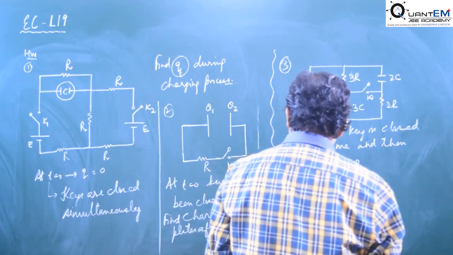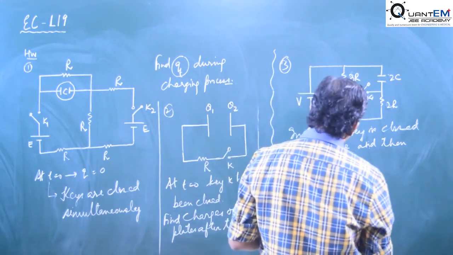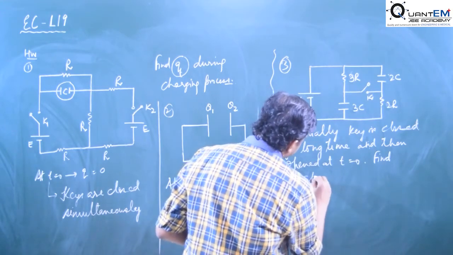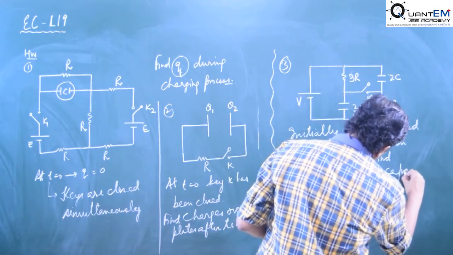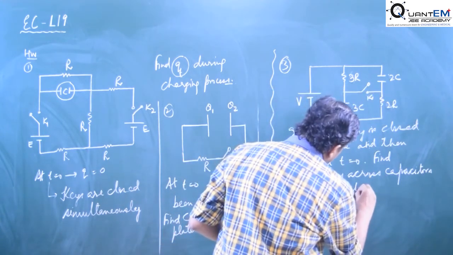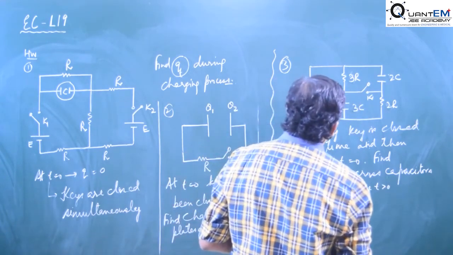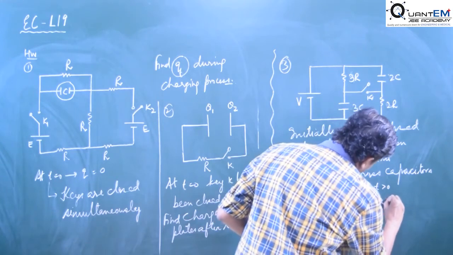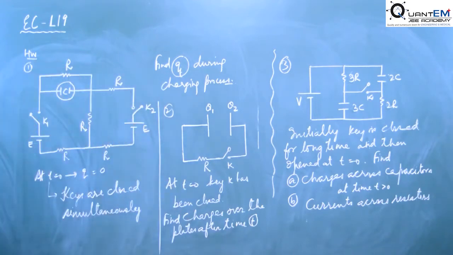Okay, so you have to find the charges across the capacitors at time t greater than 0, that is during the discharging process, and the currents across the resistors. So these questions are for homework.